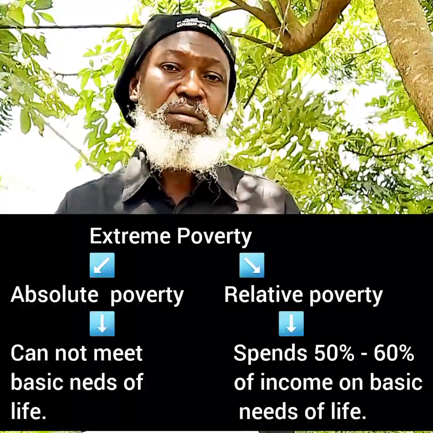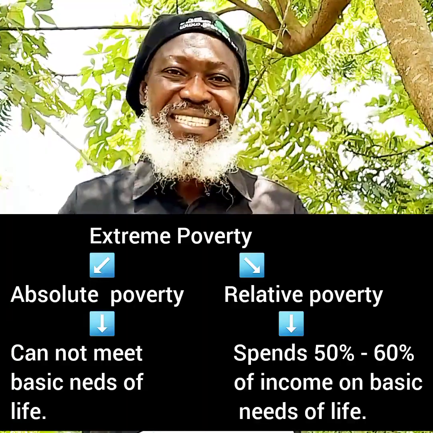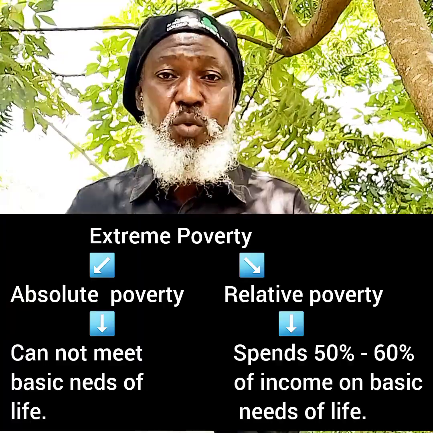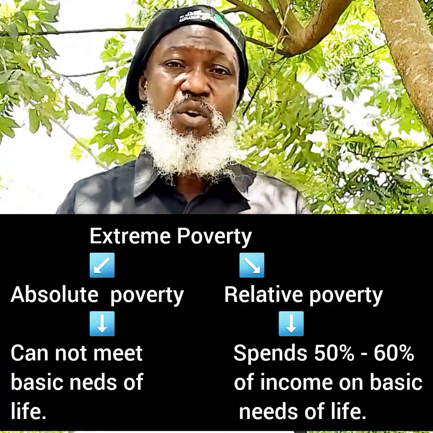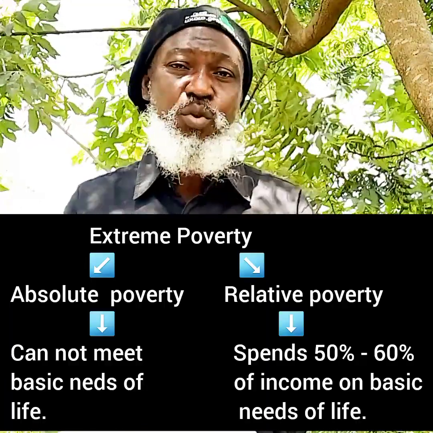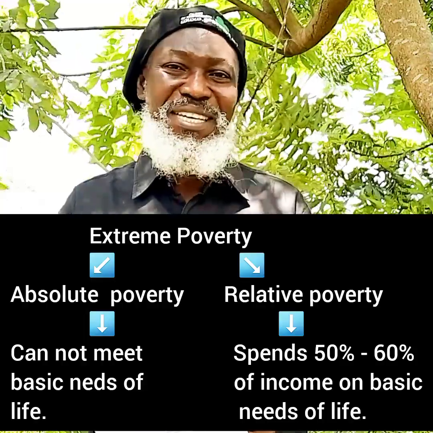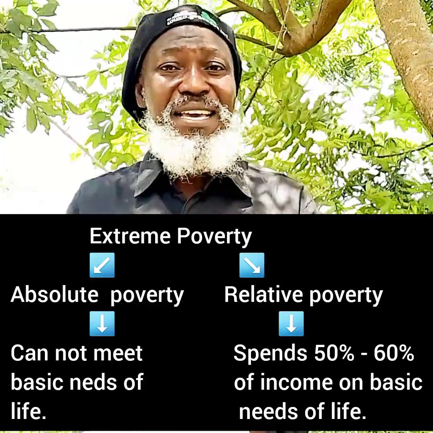But there are two forms of extreme poverty. There are two arms of it. One is absolute poverty, and the other arm is relative poverty. Relative poverty, as the name says, means that if a household or an individual spends 50 to 60% of their income on satisfying basic needs, that person is in relative poverty.